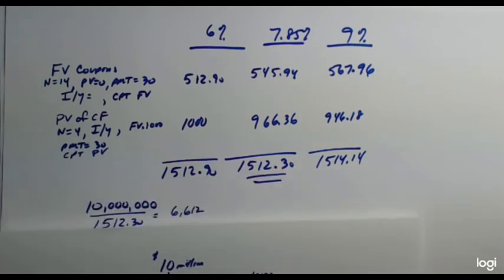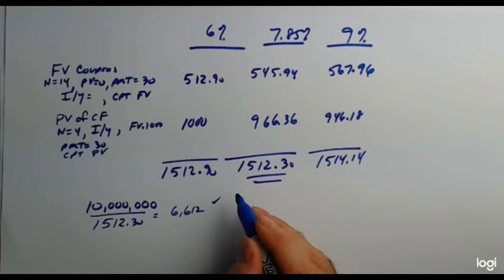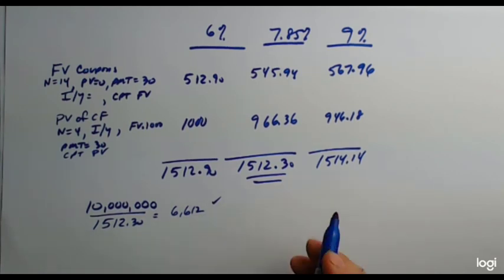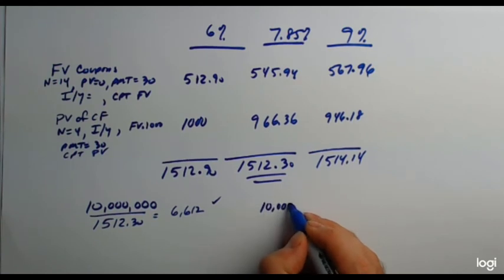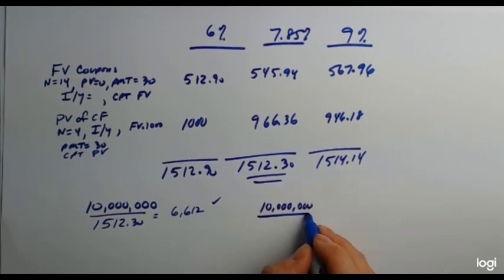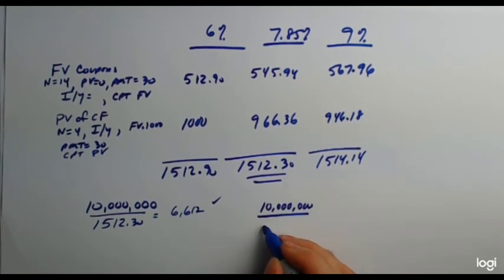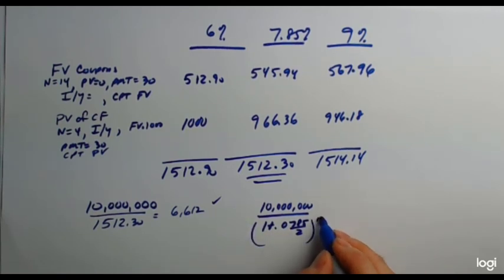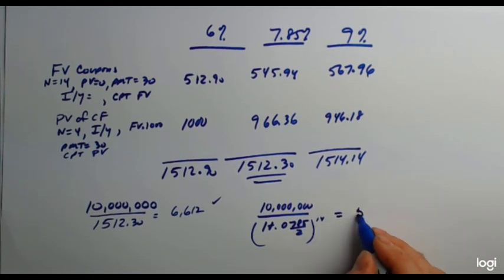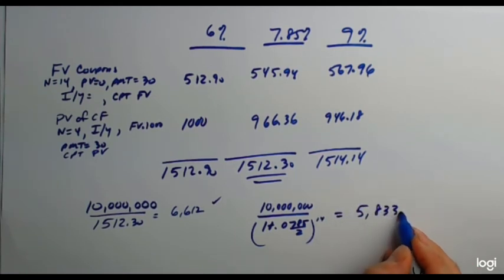Now, the other way to calculate that, by the way, to verify, because you always want to verify you have your math right. Lots of calculations here. Let's take $10 million in year 7 and discount it back at the yield to maturity, 7.85 divided by 2, and we're going to discount that back 14 semi-annual periods. That comes out to be $5,833,370.